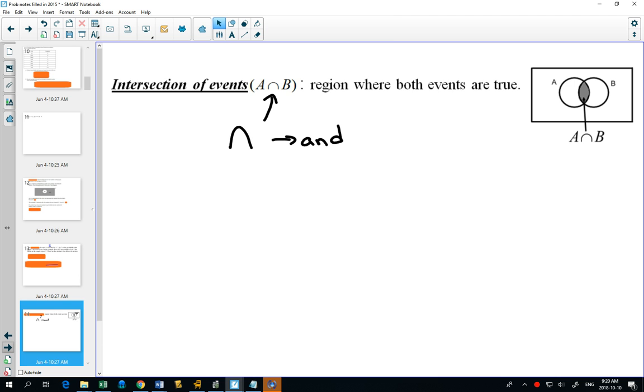If event A is ice cream and event B is rotten fish, this would be the people that like eating them both, perhaps as a topping on your ice cream. So the intersection of the Venn diagram shows where someone is both in the A circle and the B circle.